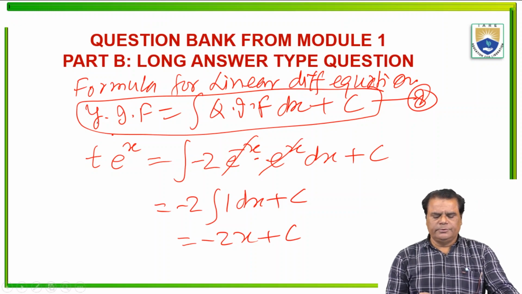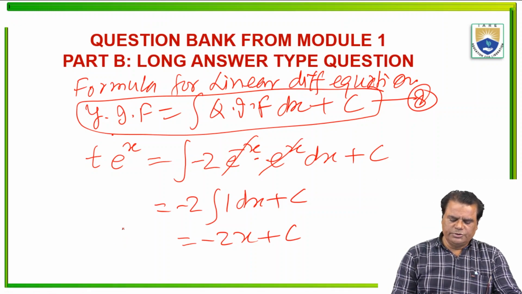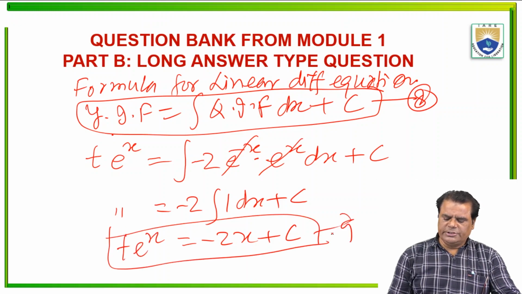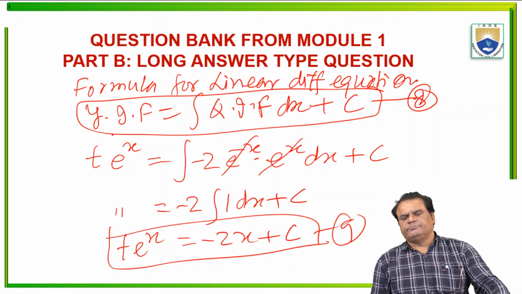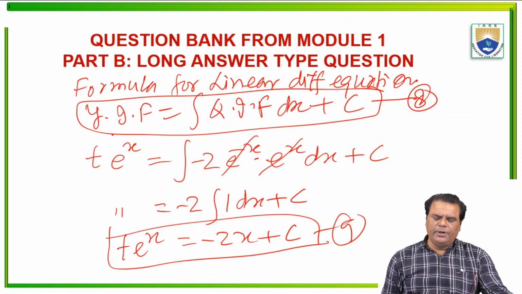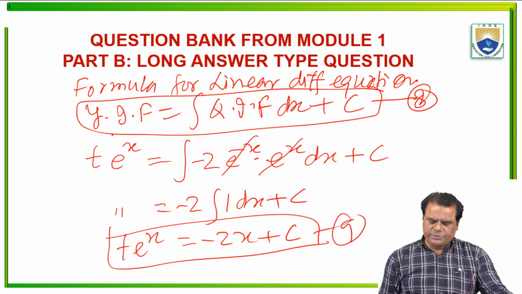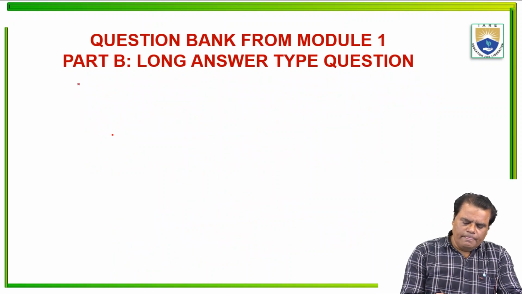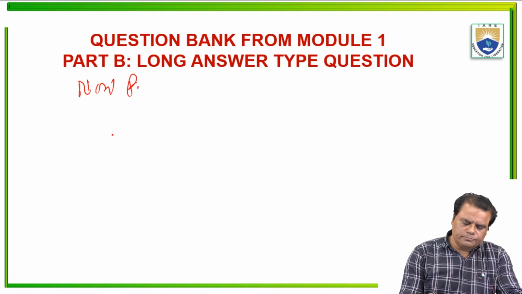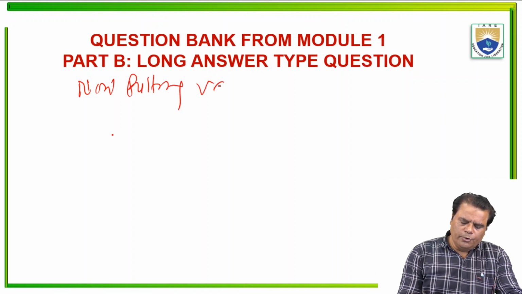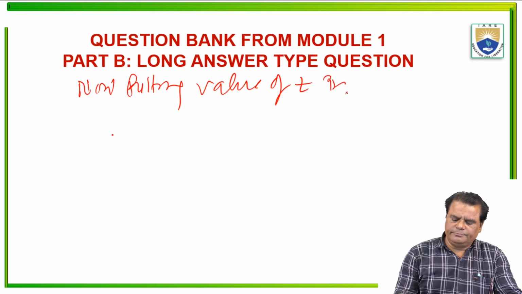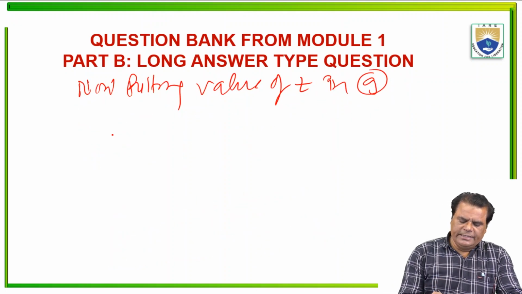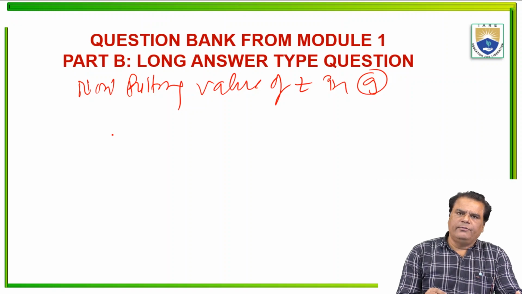Putting the value of t, this is t into e to the power x. This is 9. Now putting the value of t, we get the complete solution of equation 1. Putting the value of t in 9, what is t?